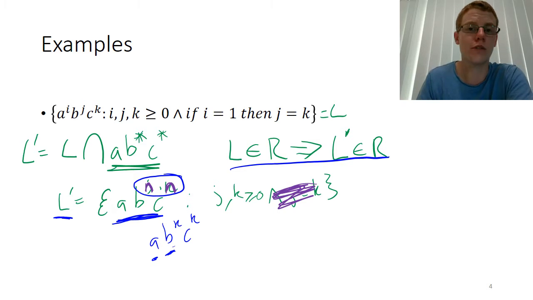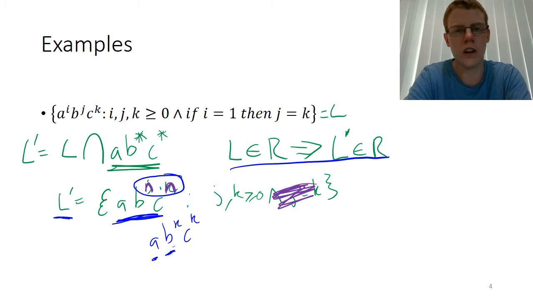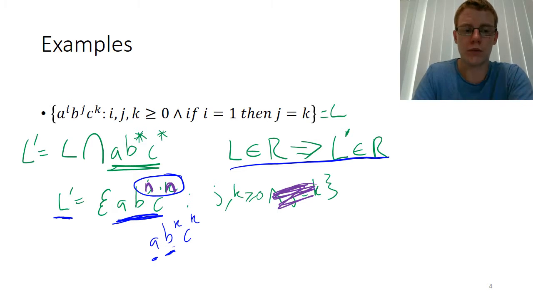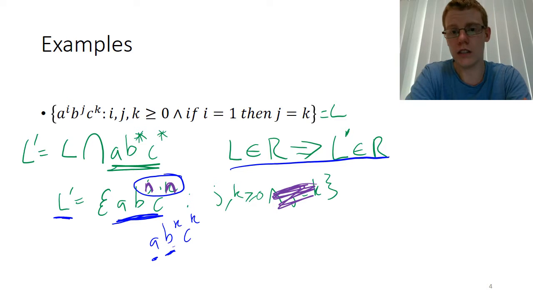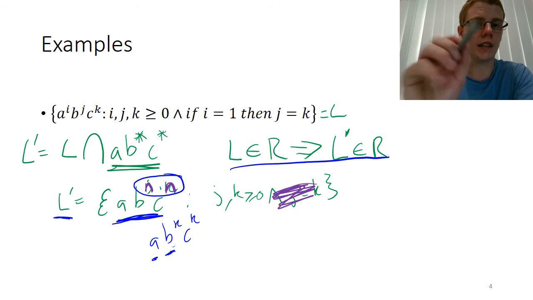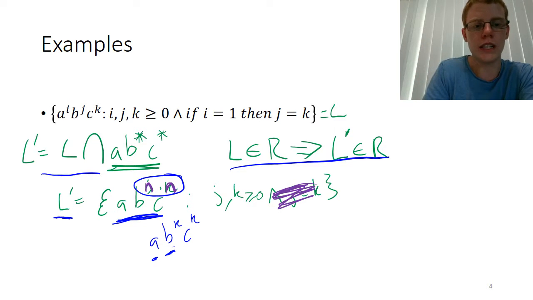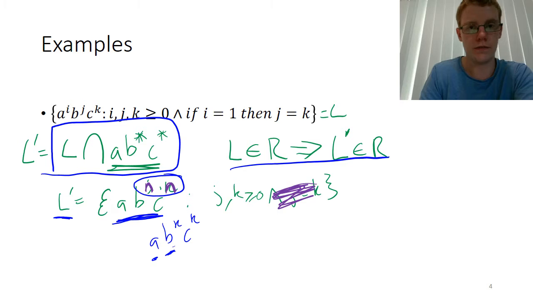So the pumping theorem proof for this one is quite simple, slightly more complicated than the A^n B^n proof, but we can prove that L prime is not regular, and our assumption that L was regular led to the conclusion that L prime was regular, which is a contradiction, so we know that the original language L is not regular, and the key thing that we did was we intersected with a regex.